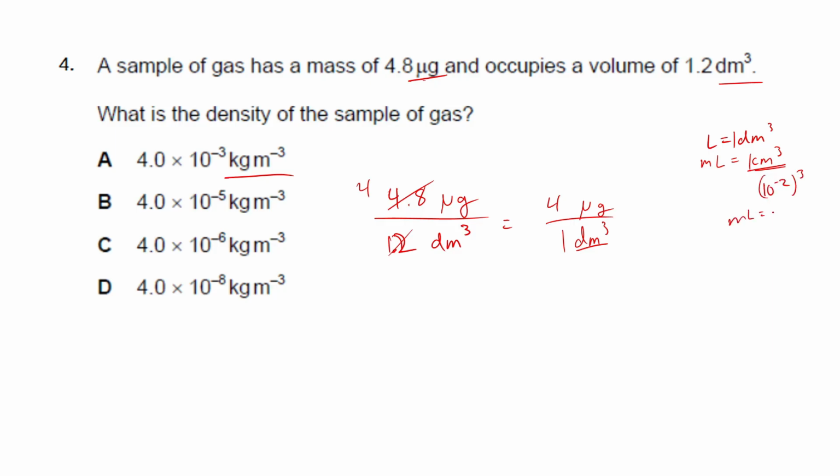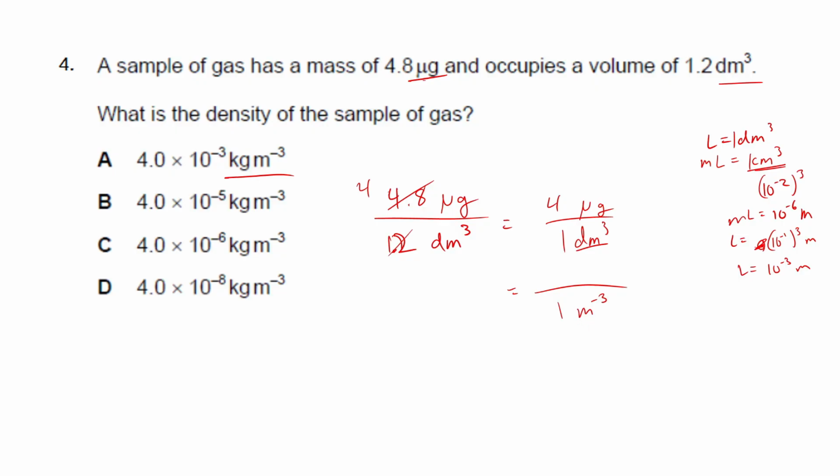So millimeters is equal to 10 to the negative 6 meters. So then likewise, liters is equal to like 10 to the negative 1 to the third meters. So liters is 10 to the negative 3 meters. So then if we look at this, decimeters is actually meters cubed, or 1 per meters cubed.